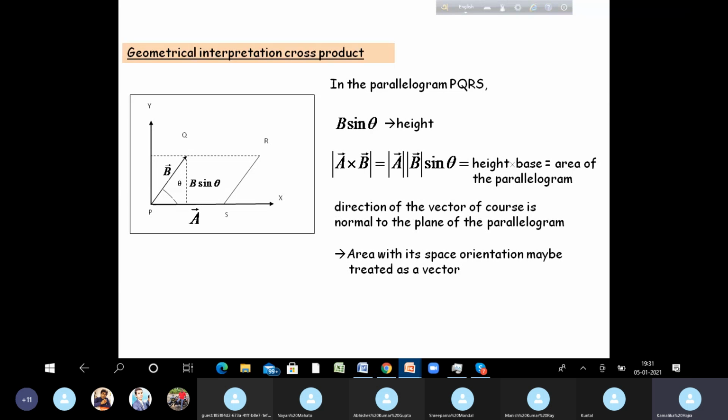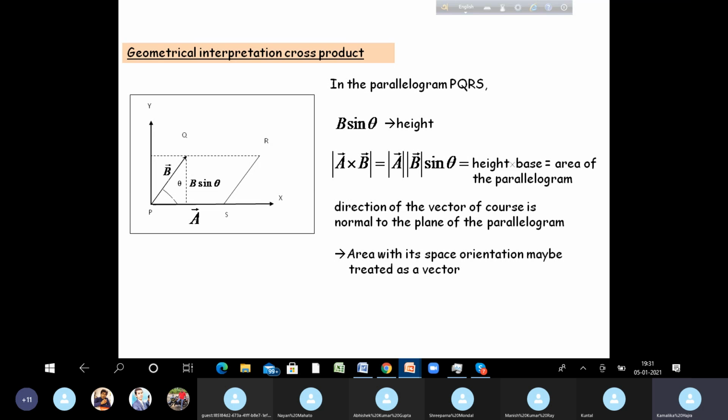When we do vector differentiation and vector integration, you will see that I will assign area as a vector. So long you have assigned only lengths as vectors, right? Linear displacements were associated with vectors.